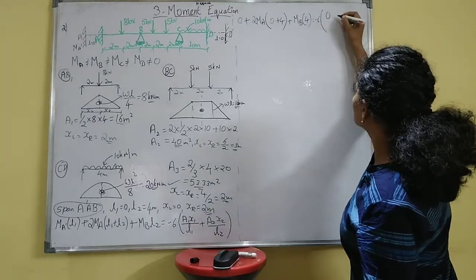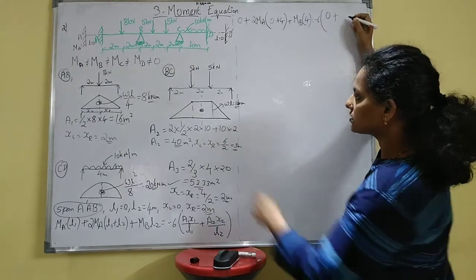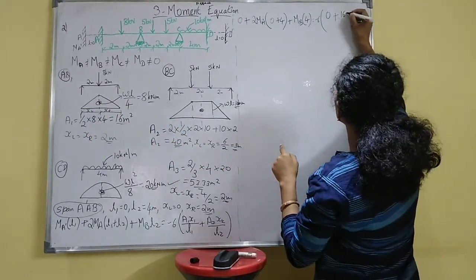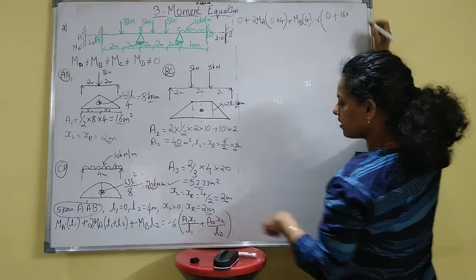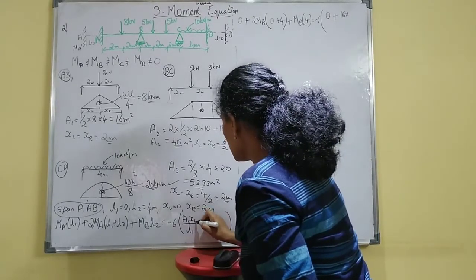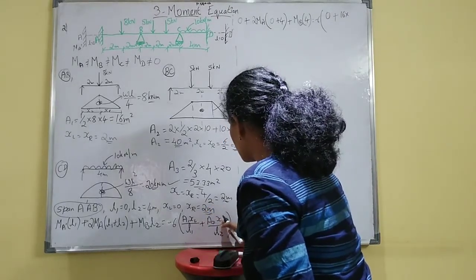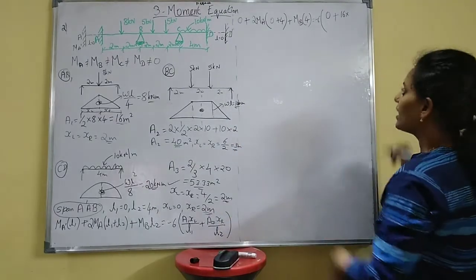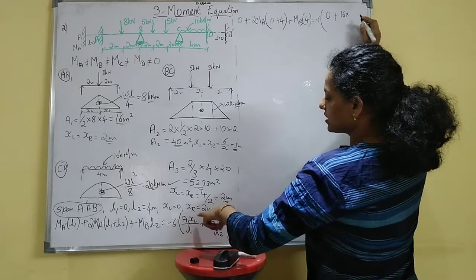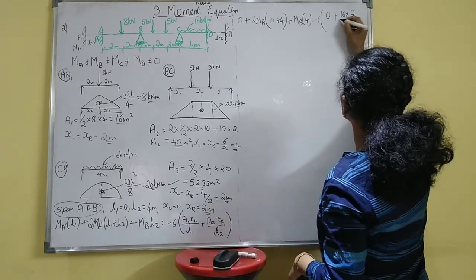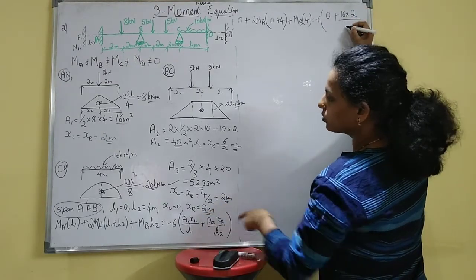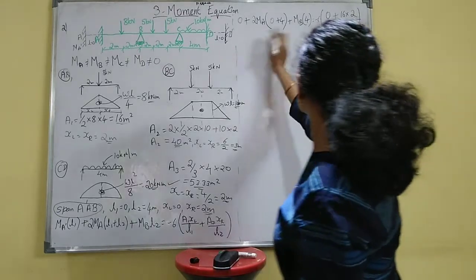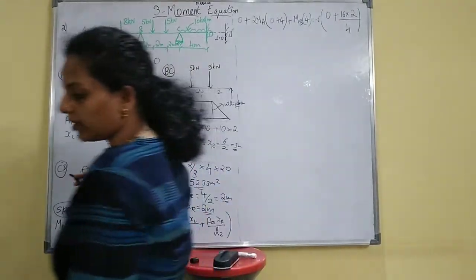First case A0, then A2 is nothing but A1, that is 16 into, you have here L and this is R, according to the formula. Okay, so L and R, so XR, so what is XR? XR is 2 divided by L2, L2 is 4.